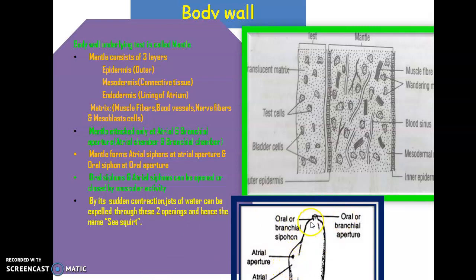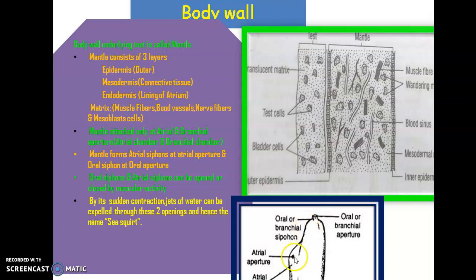The area where the mantle is attached just behind the oral aperture is called the oral or branchial siphon, and the region associated with the atrial aperture is called the atrial siphon. So the oral siphon and atrial siphon are the 2 attached regions of what? Of the mantle in the ascidian's body.